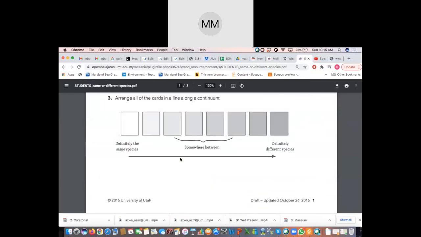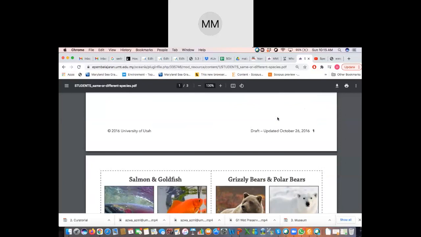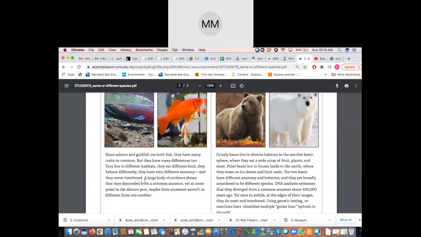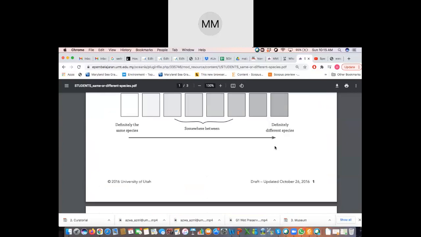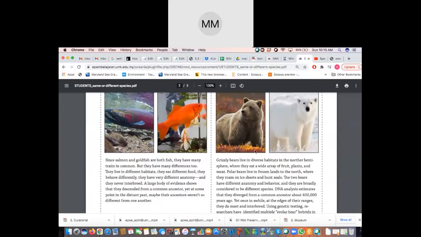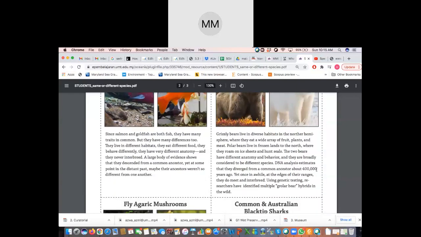However, it's not definitively different species, because if it's very different species, there is no way it can interbreed. So if it's towards this end of the spectrum, we know it's different species. But in terms of evolution, the time range of 400,000 years is not very long in comparison to some by the millions, you see.